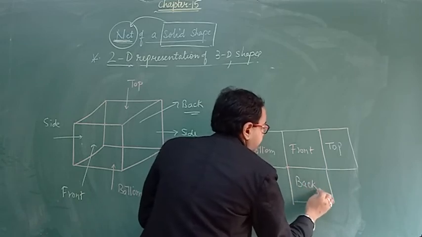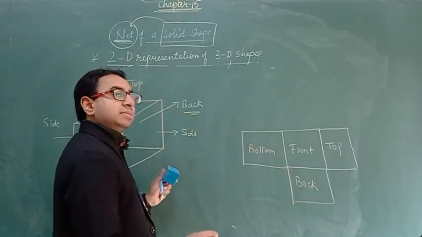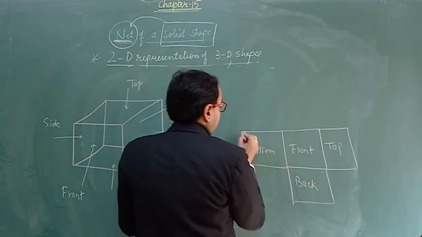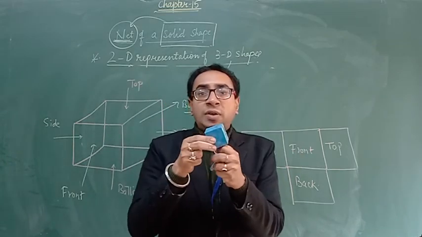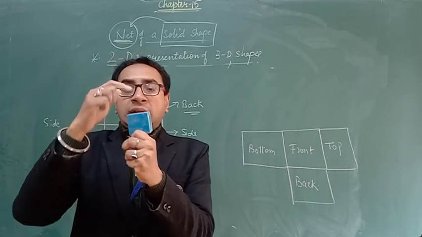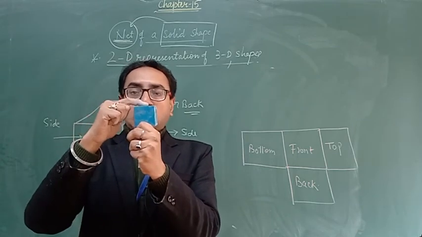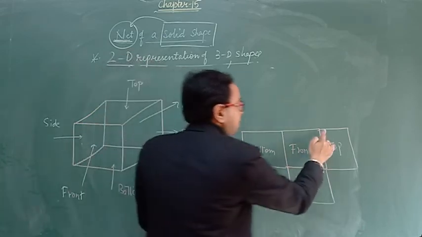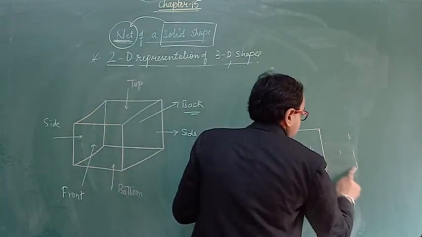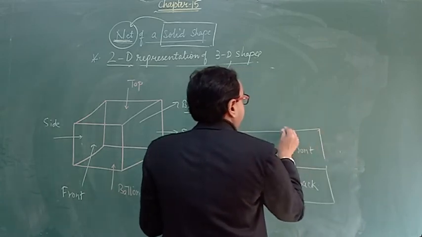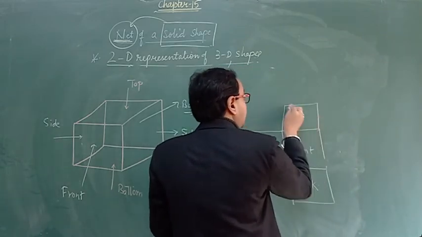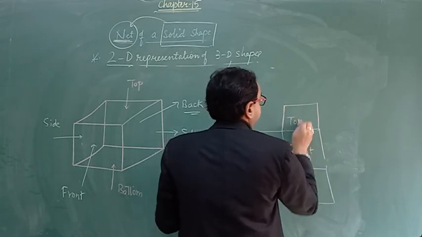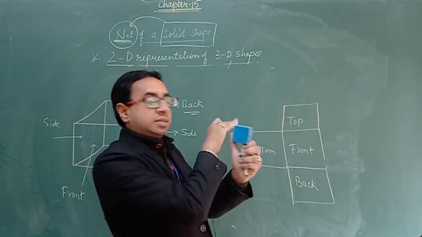This is back, and it will be right. Just observe what will happen now. Bottom, top will be going with the front. I can take this side, or I can take this side. So it is top. Now this side, that side.